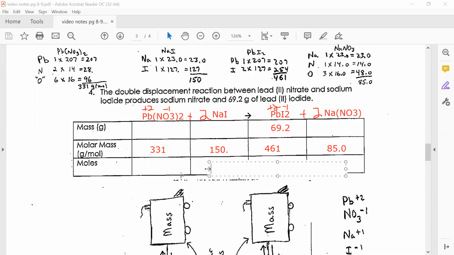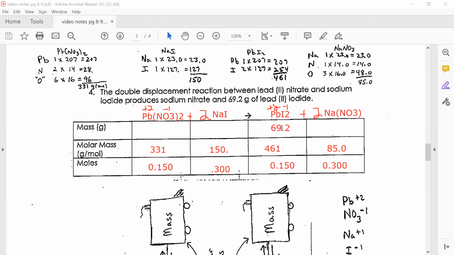So this is going to be 0.300. And then this, like the one here, PBI2 and this are a 1-to-1 ratio. So this will be 0.150 right there. And again, 0.300 or 0.300 is the same thing, so I'm not too worried about that.